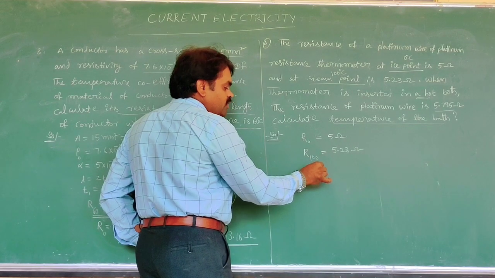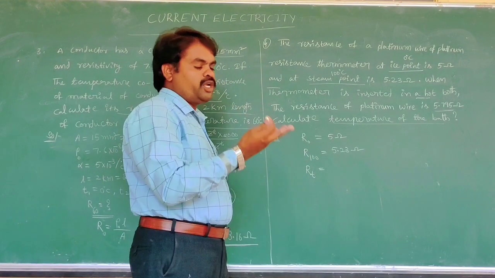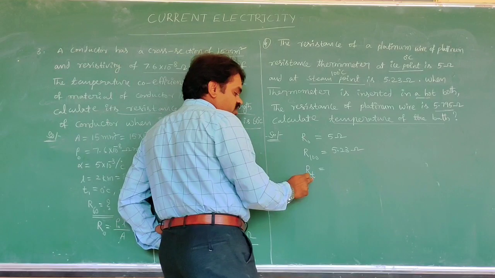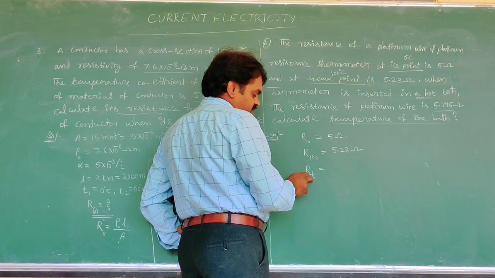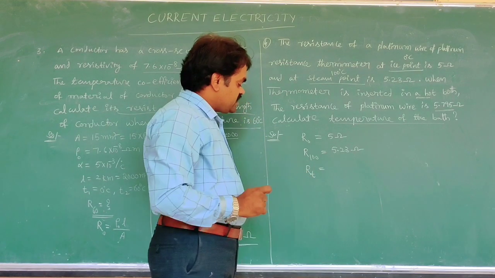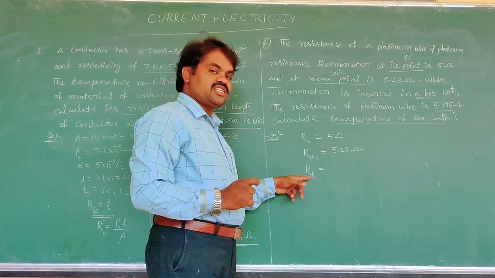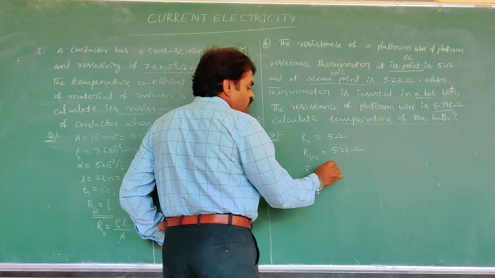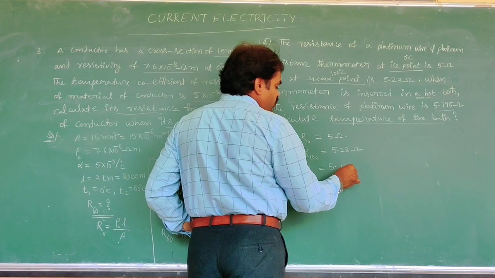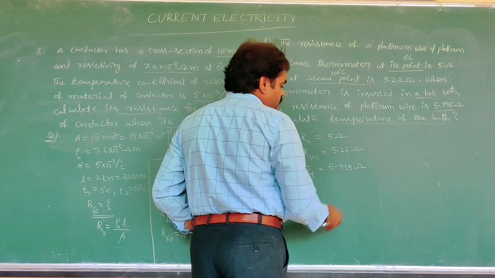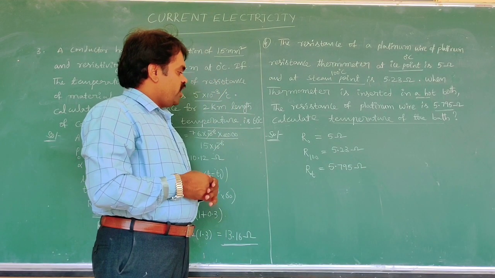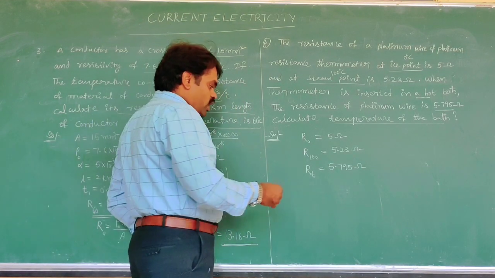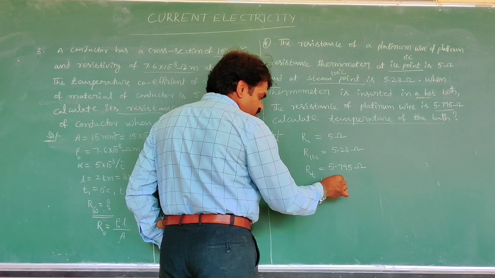RT at the hot bath, at any particular temperature, the temperature of the hot bath is T degrees Celsius. Then the resistance at T degrees Celsius they gave is 5.795 ohms. Now this is the given. Now we are finding the temperature they are asking. What is the hot bath temperature?